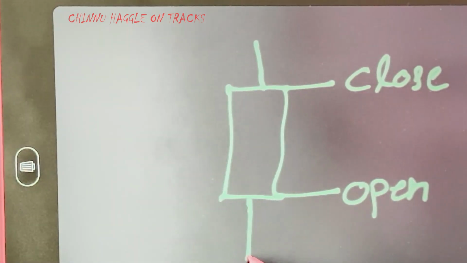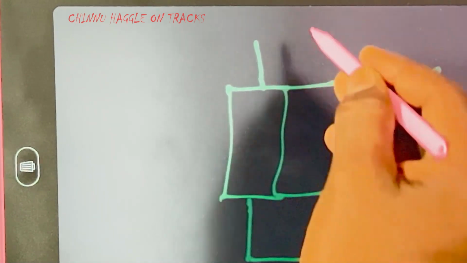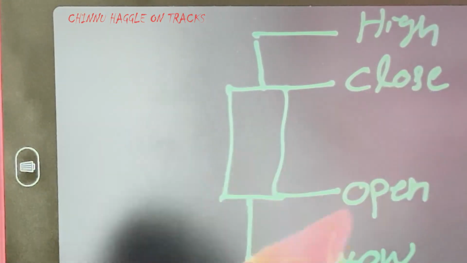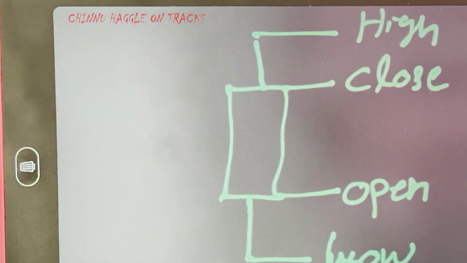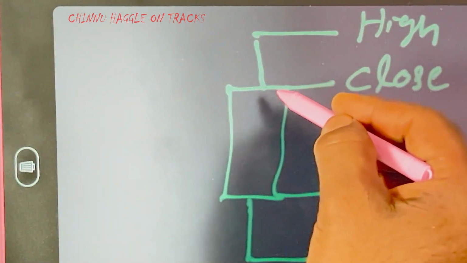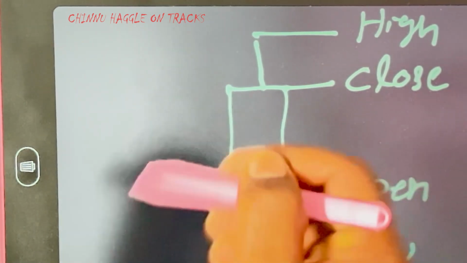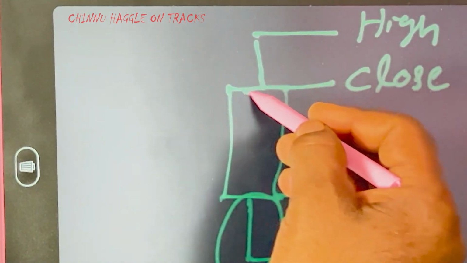The low point of the wick is called low. The high point of the wick is called high. And coming to here, the wick below the body is called the below wick. The wick above the body is called the above wick.